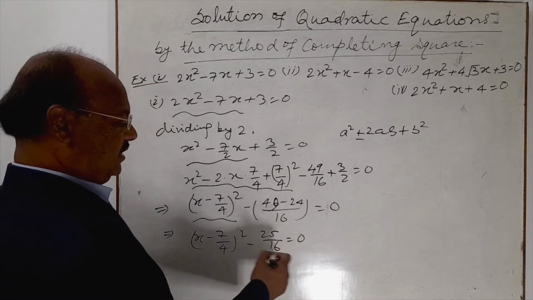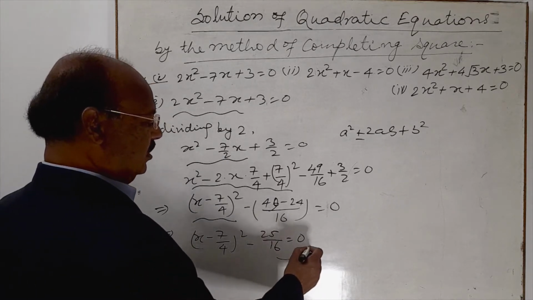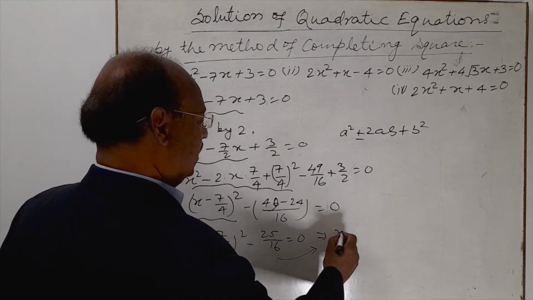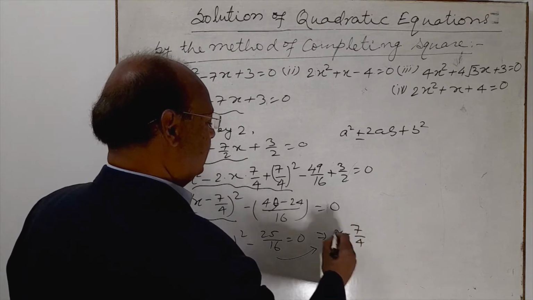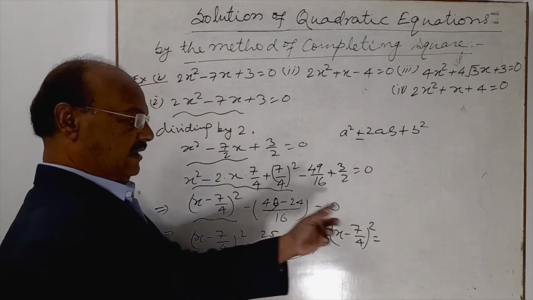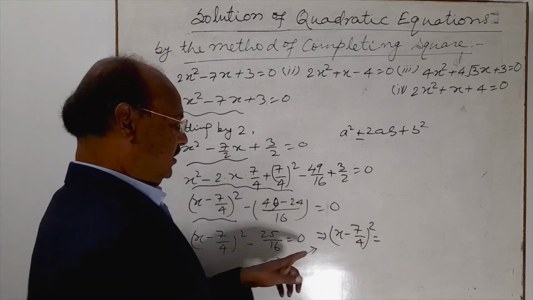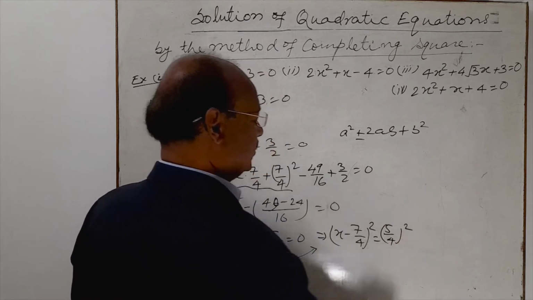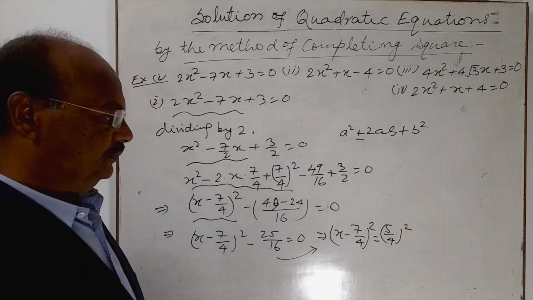Now we transfer this 25 by 16 to the right hand side, and you will get x minus 7 by 4 whole square is equal to 25 by 16 on the right hand side. This can be written as 5 by 4 whole square. Correct?